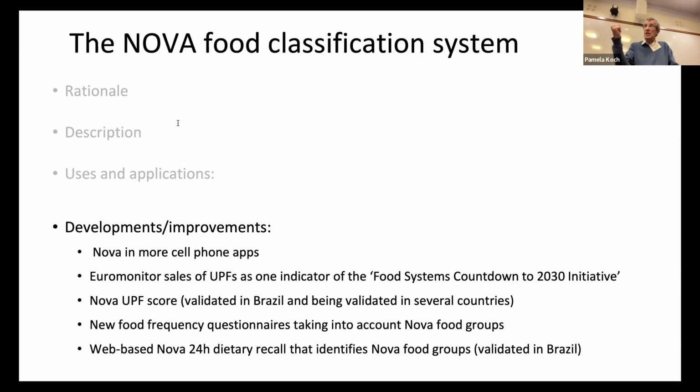Euromonitor sales, the one I showed you, the sales of ultra-processed products, is now one indicator of the Food System Countdown to 2030 initiative. So it's going into this important system. We created a NOVA UPF score and validated it in Brazil. Now it's being validated in several countries.